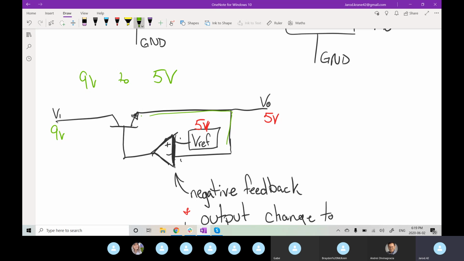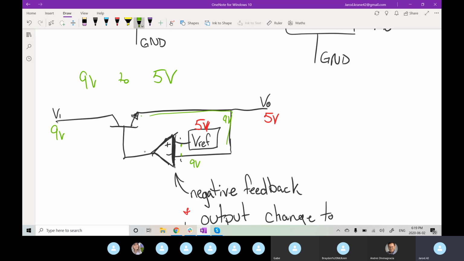Initially you can see it as a 9 volt rail coming in, so there's a difference between our two inputs, 5 volts and 9 volts.